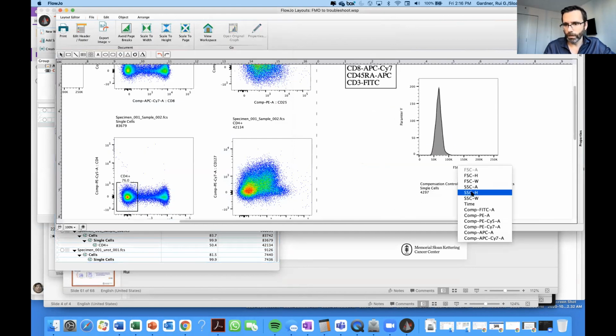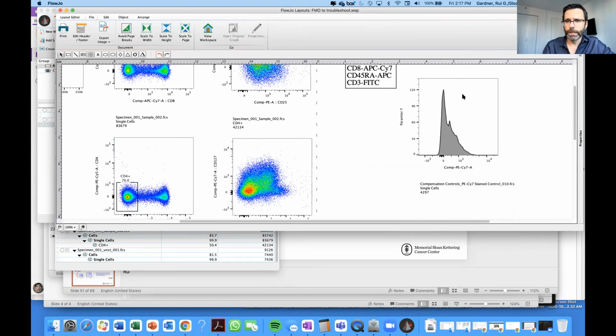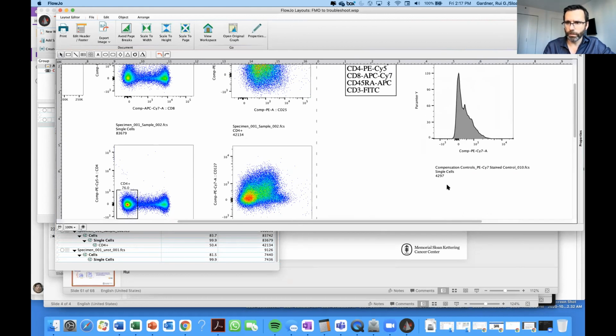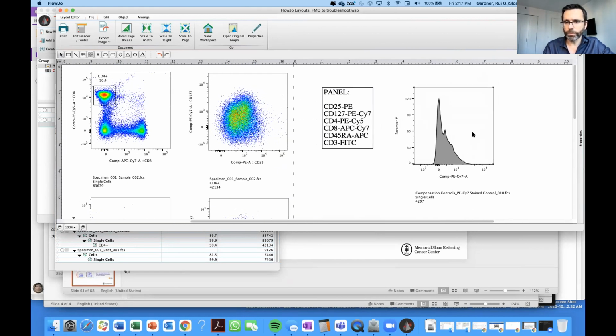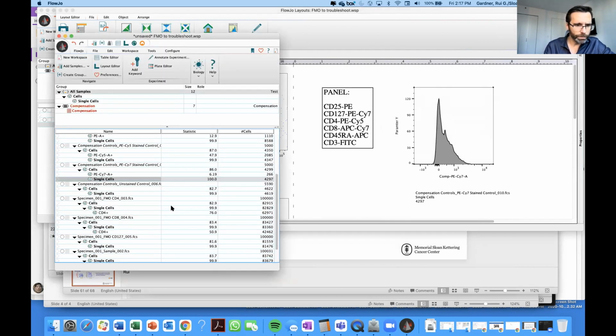and then here we want to look at what I added for PE-Cy7. So we want to look at PE-Cy7, right? Let's put this up here, not to confuse. So PE-Cy7. This is the single stain control. Let's overlay it with the actual sample, right?